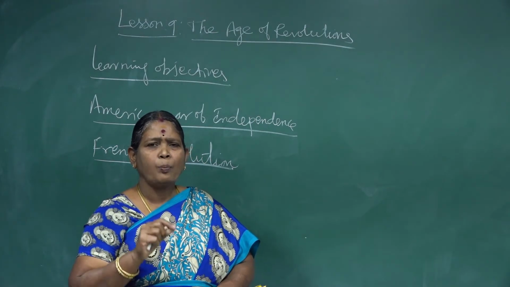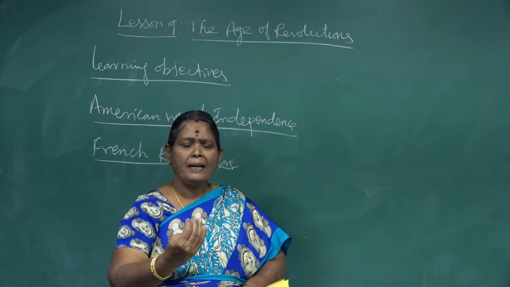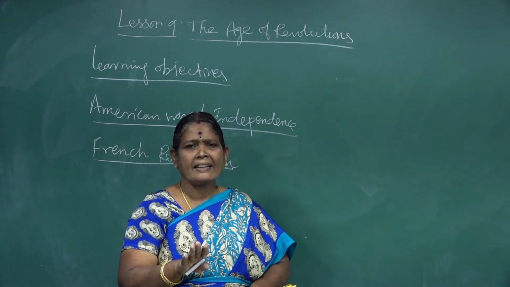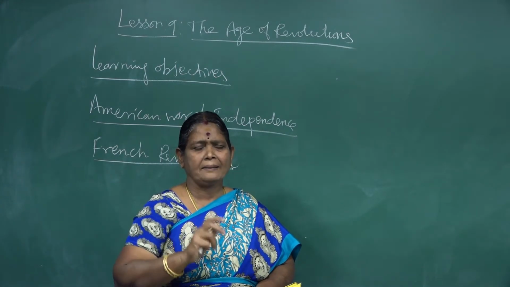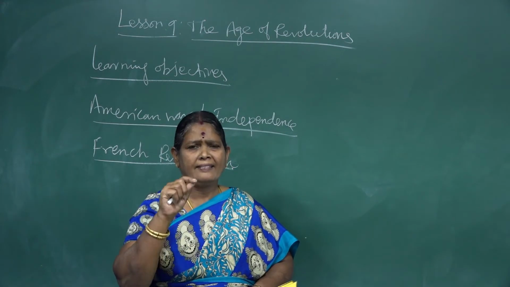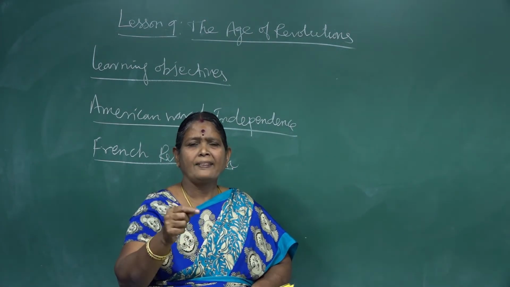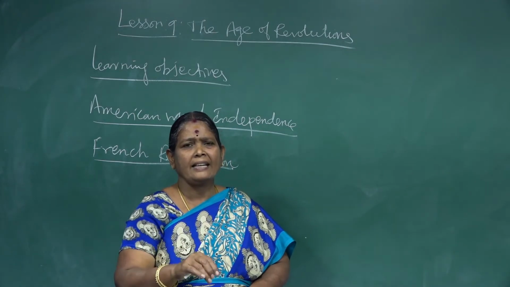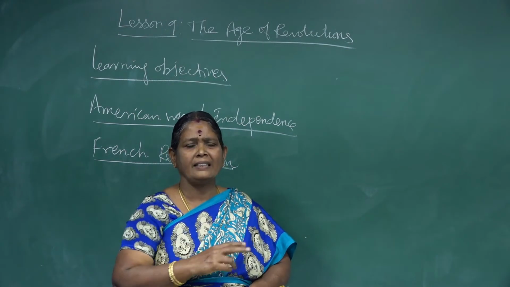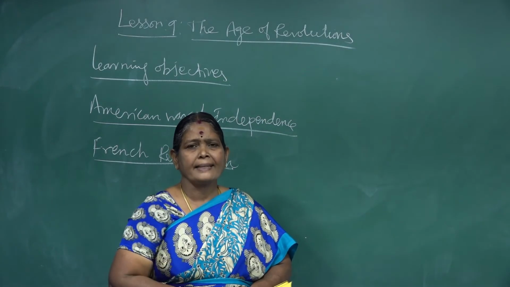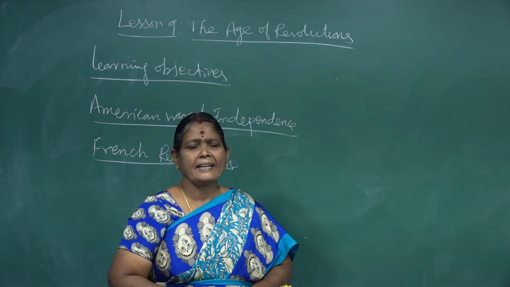The British Parliament repealed some product taxes, but it retained the tax on tea, which enabled British tea sellers, especially the British East India Company, to sell their tea in the colonies and enhance their profit.